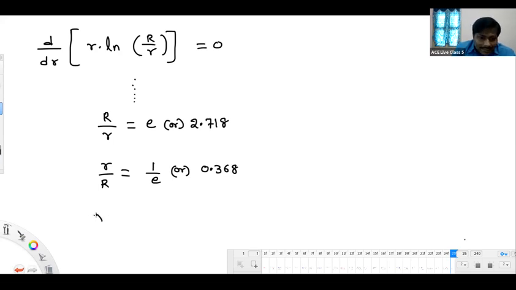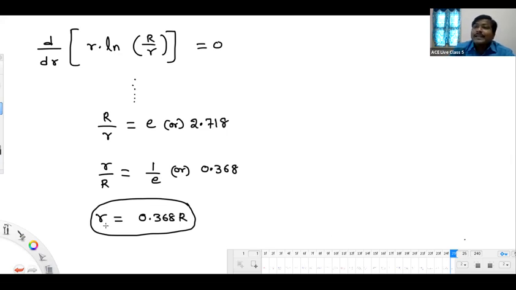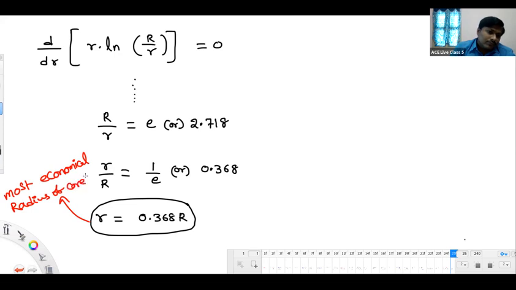Then what is the radius of core you can get? 0.368 times capital R. So this is called the most economical radius of the core. Small r equals 0.368 into capital R is going to be called the most economical radius of core.